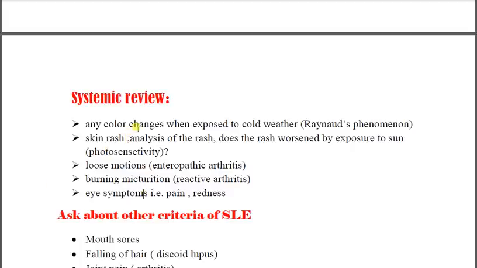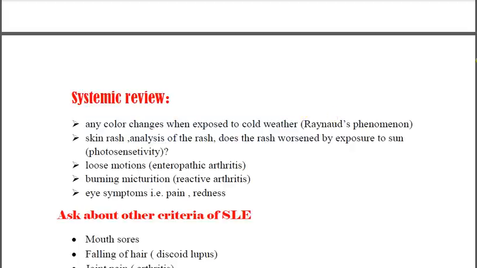Any finger color changes when exposed to cold weather, and this question is specific for Raynaud's phenomenon. Raynaud's phenomenon can be secondary, and it can be associated with any case of polyarthropathy like SLE, rheumatoid arthritis, systemic sclerosis. So it is also a fixed question for all the cases of polyarthropathy.